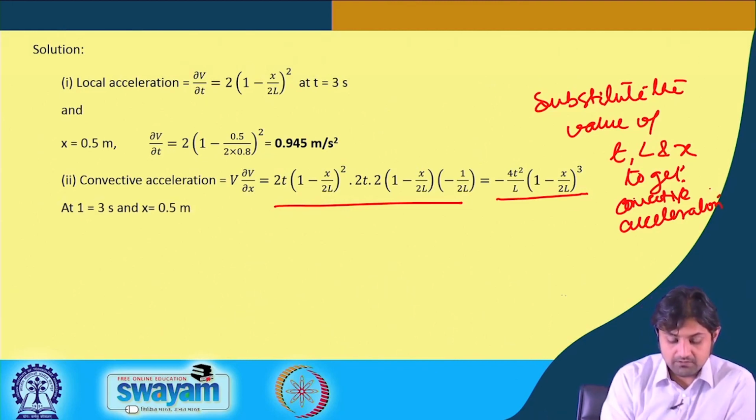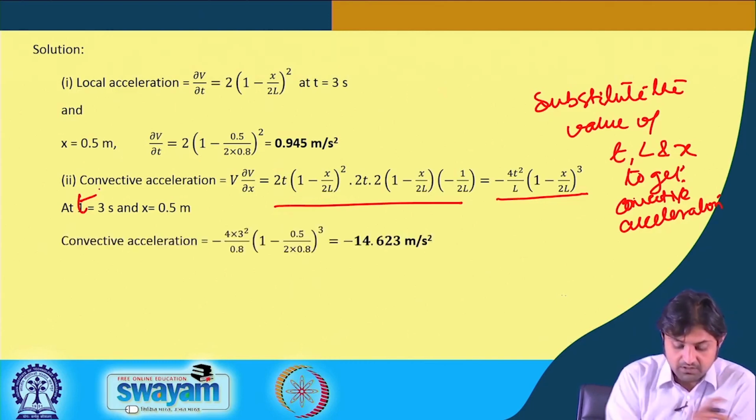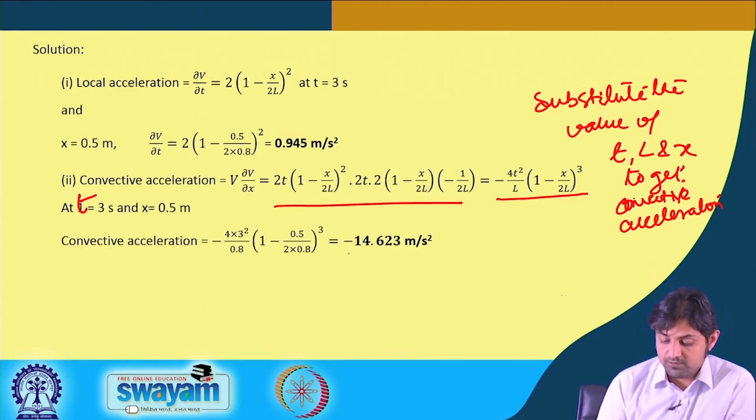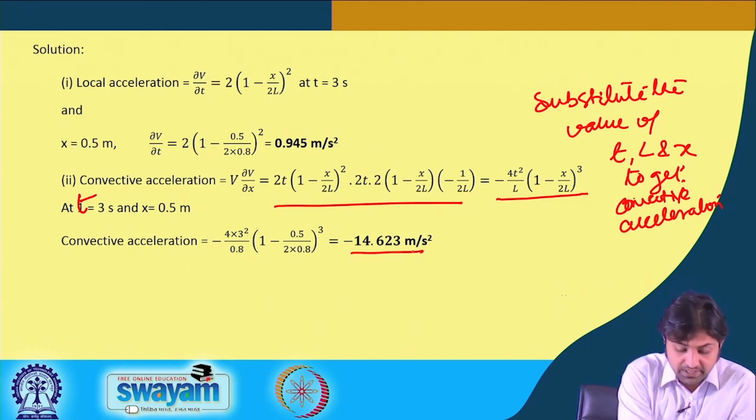So, at t is equal to 3 seconds and x is equal to 0.5 meter, convective acceleration will be minus 14.623 meters per second squared.